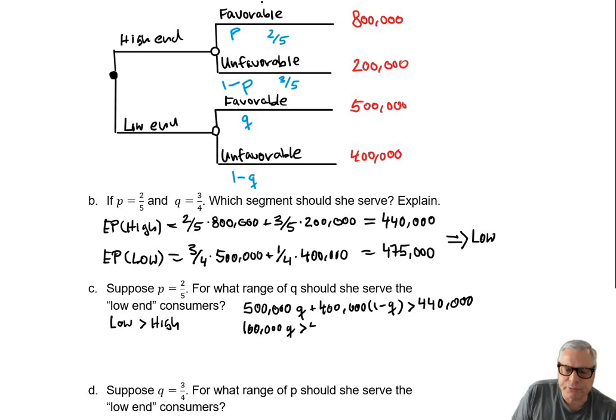That leaves me on the right-hand side with 40,000. And then it should be clear, as long as Q is greater than 40 over 100,000, which is 0.4, we should always target the low end. Okay.